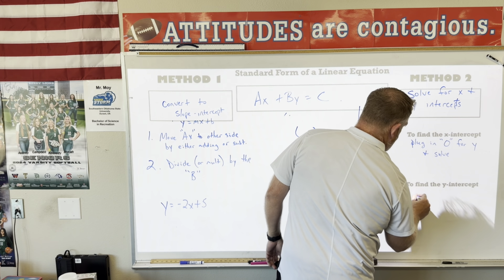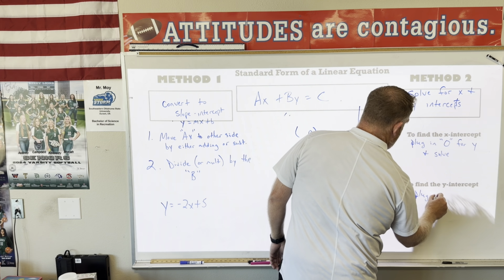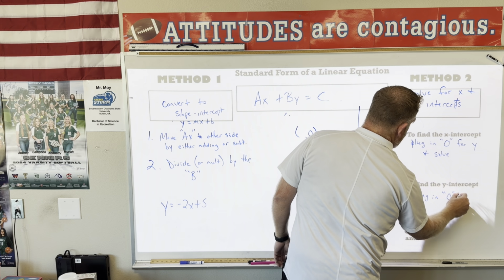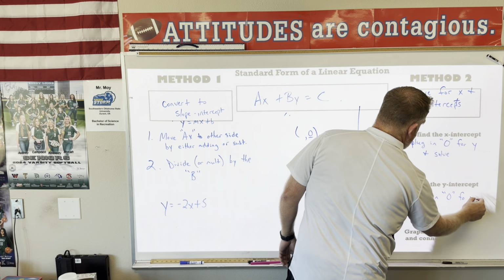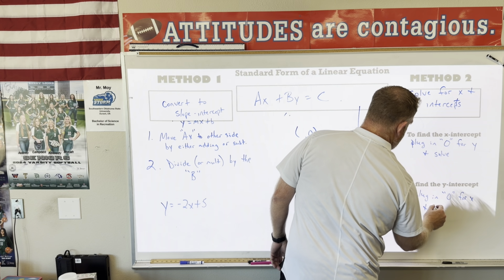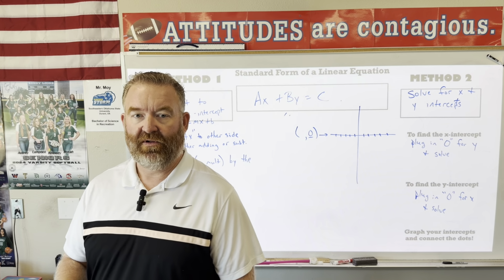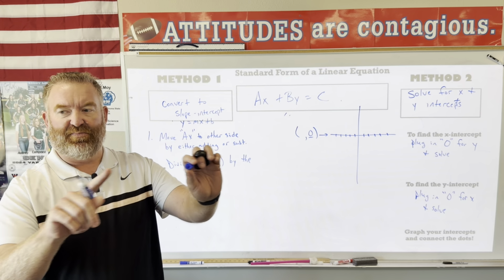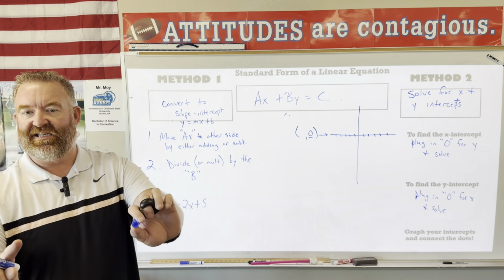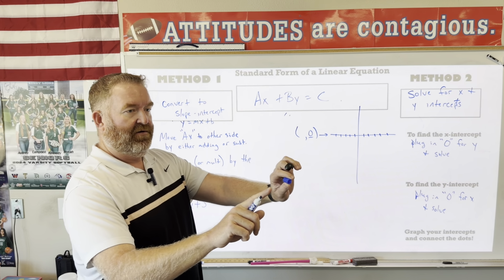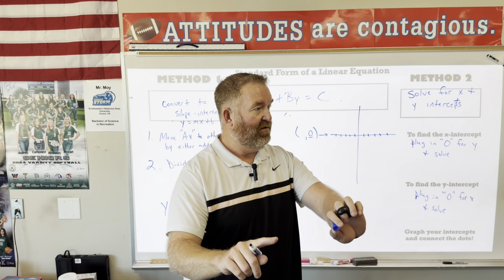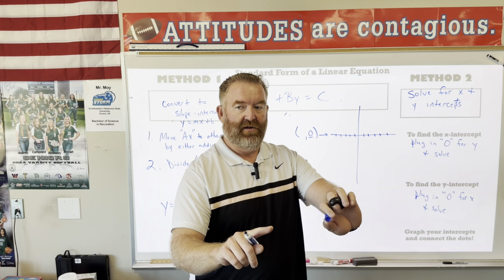So here we go. We're going to plug in 0 for x and solve. Everybody good? Makes sense? Pretty simple. Basically, all we're doing is just splitting it, because if you multiply anything times 0, what happens? It's 0.